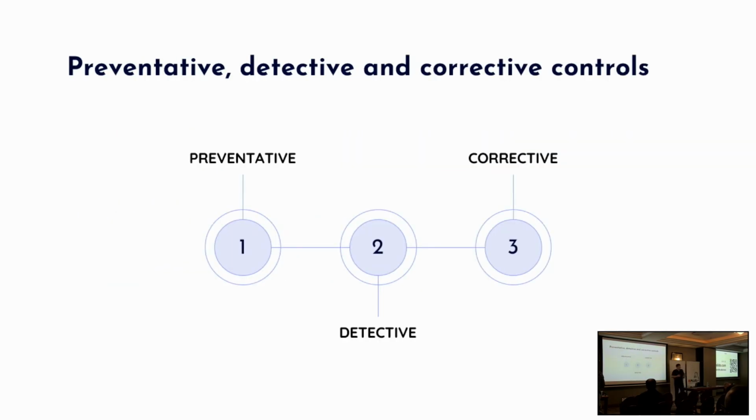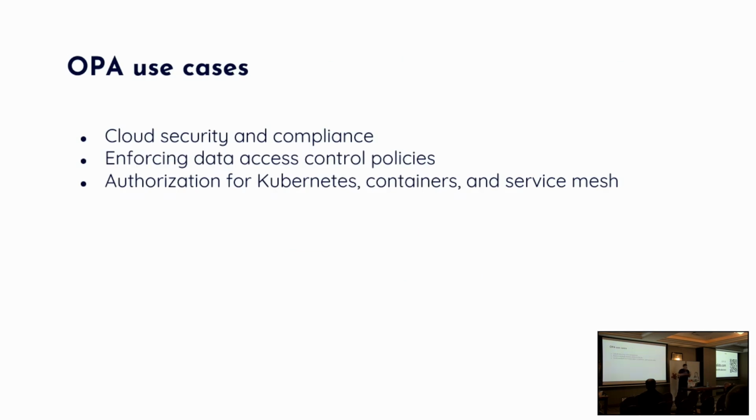And if you're familiar with the concept of preventative, detective, and corrective controls, today we will talk about OPA. It means we will talk only about preventative controls. I have already talked a little bit about use cases. Today we will use OPA for cloud security.